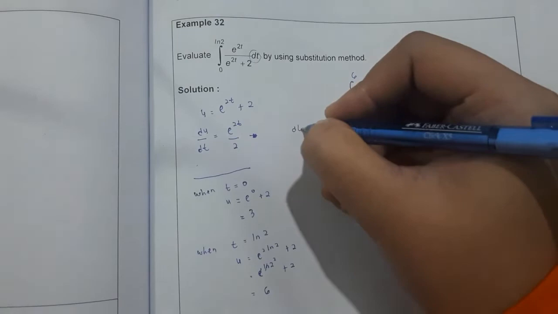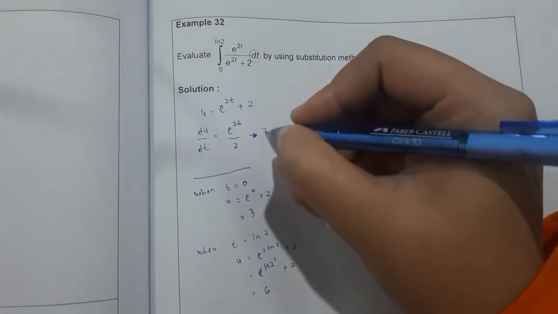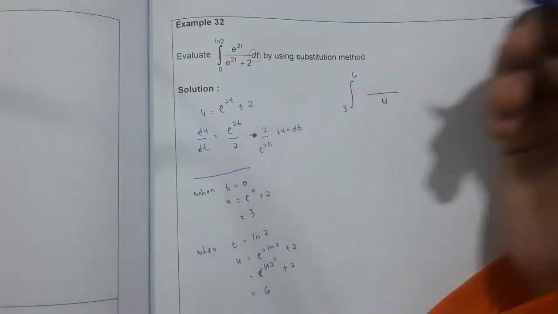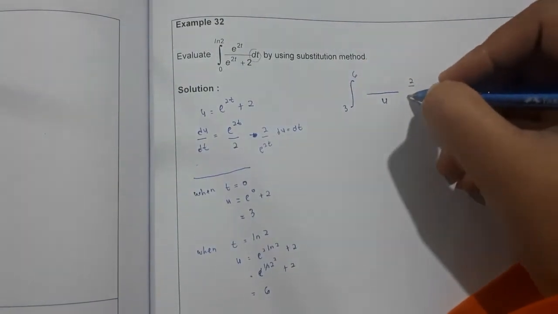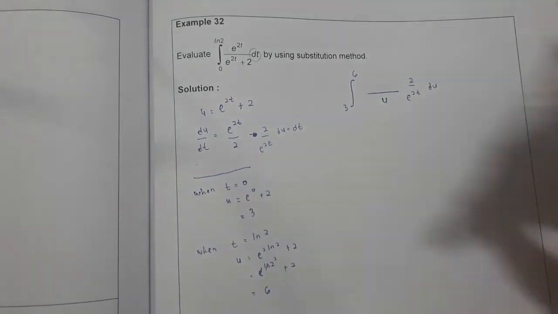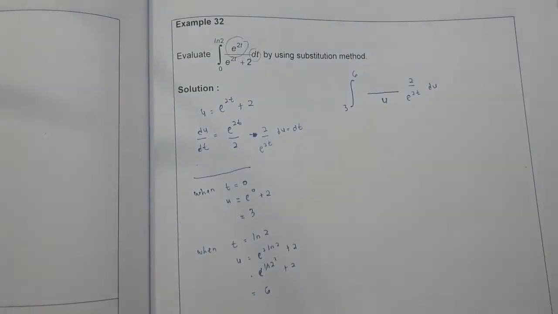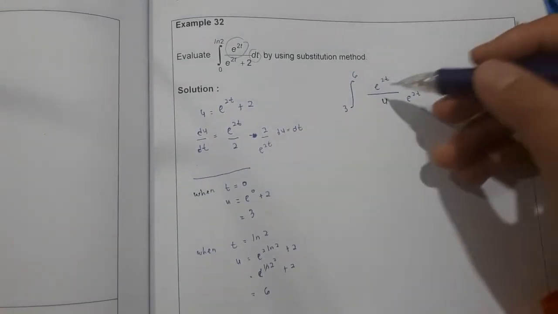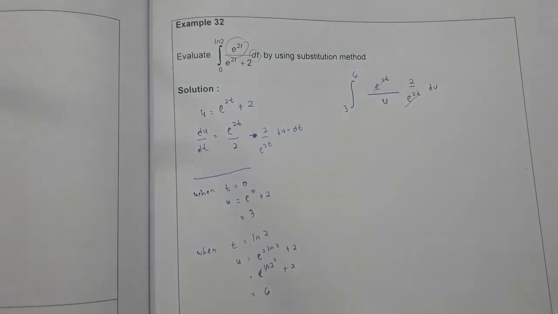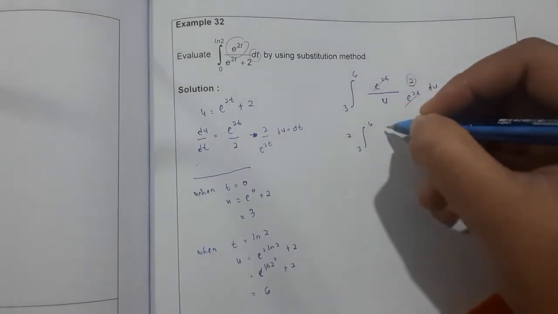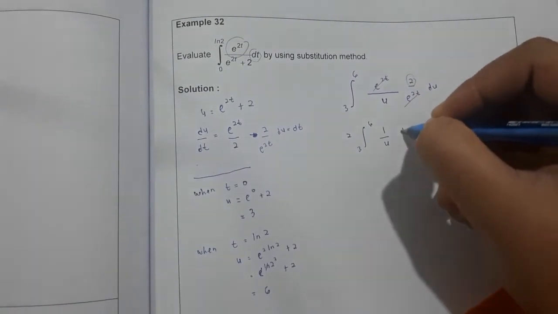So dt equal 2 over exponent 2t du. And then let's insert exponent 2t. Here we can see that we can cancel out exponent 2t, and we can also factorize 2. And we are left with 1 over u du.